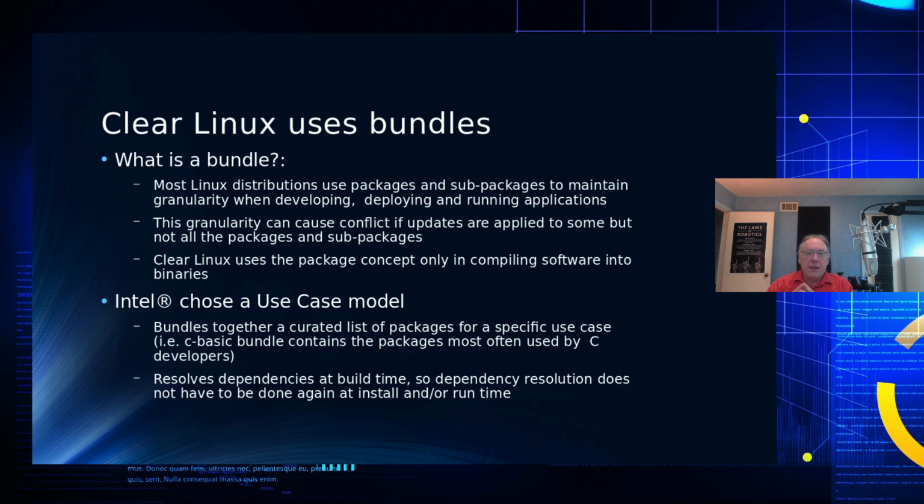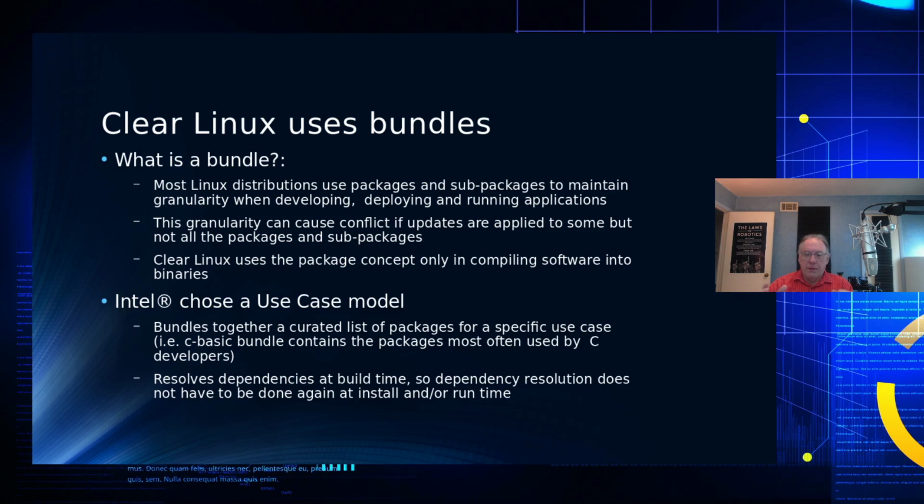So what they wanted to do was, instead of doing this silliness with the packages and trying to maintain and prevent conflicts, they created a use case model which describes what would be most often used. For example, if I was building a development machine from Clear Linux, I would use a set of libraries and a set of packages that were defined as most common for developers to use.